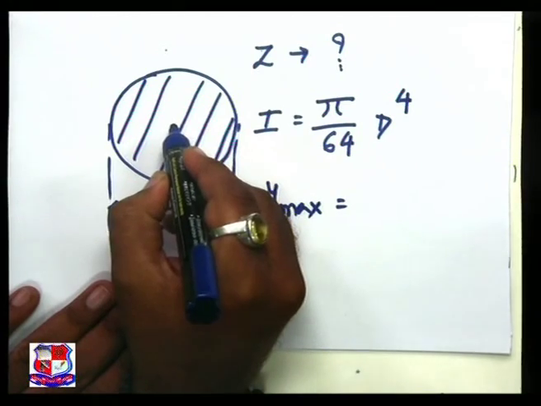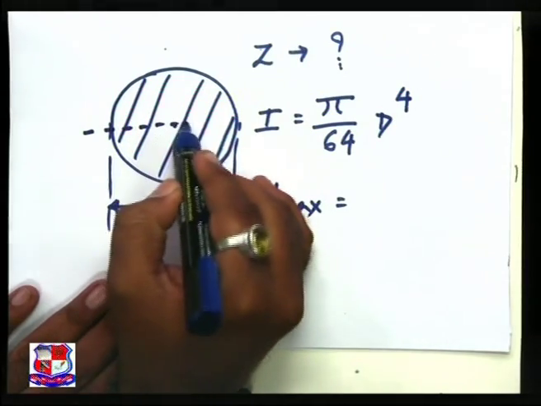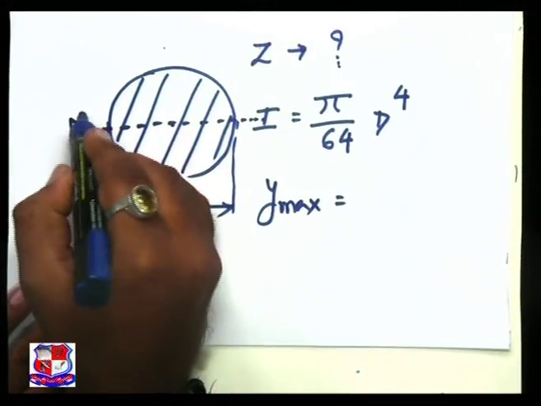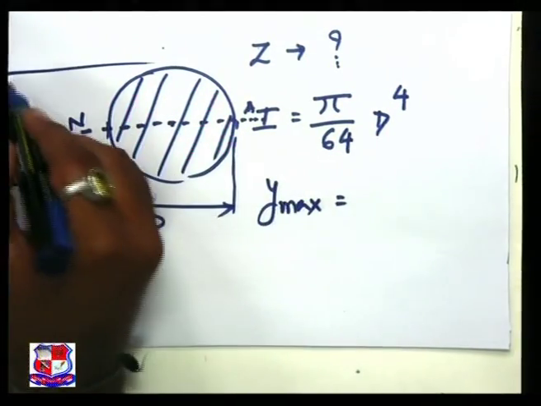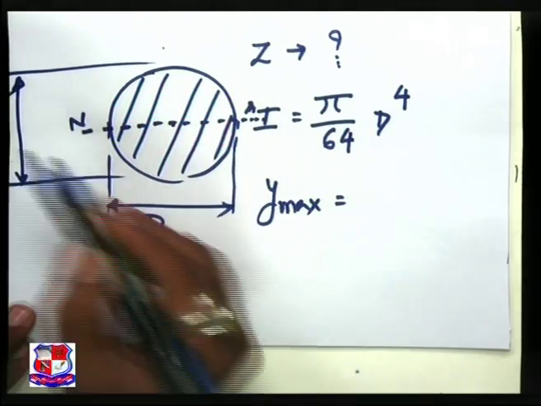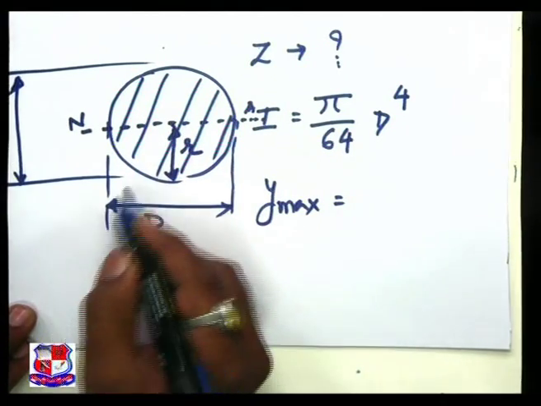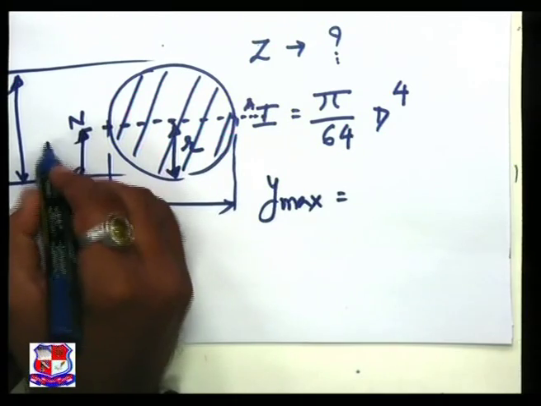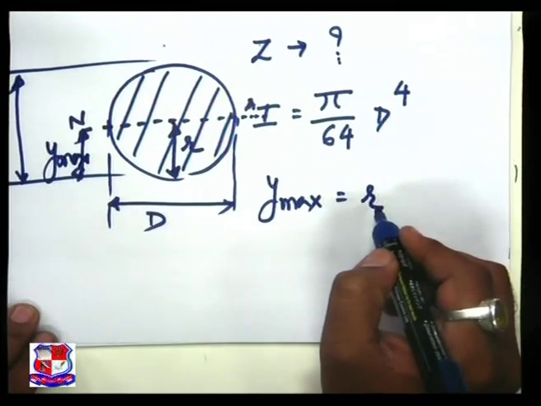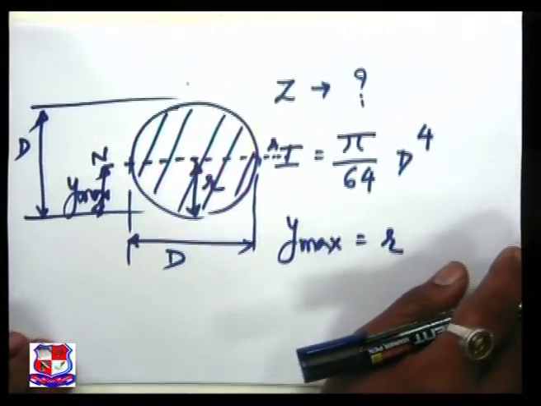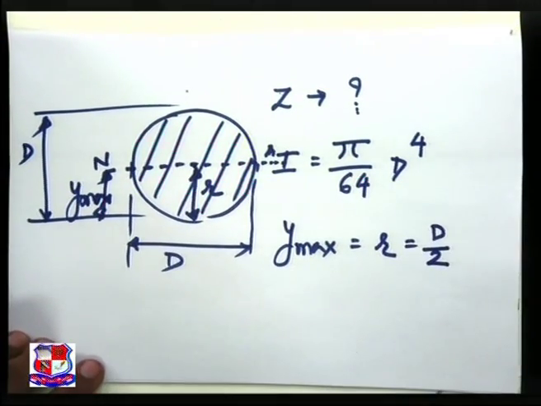Now, the center of gravity is over here. The line passing through this point is known as the neutral axis. The total depth is d, and this is our radius r. So, our Ymax is nothing but the radius r of the given circular section, which is equal to d by 2.